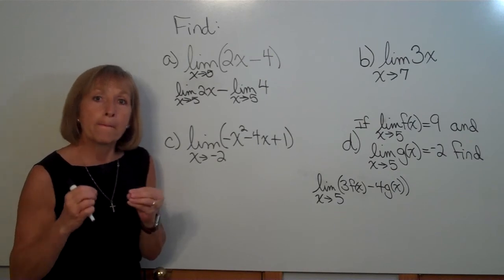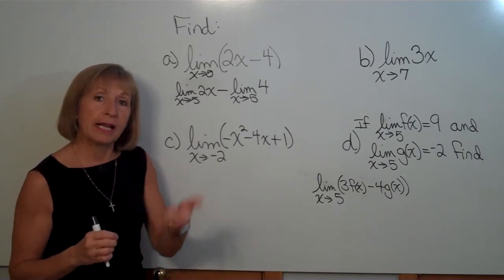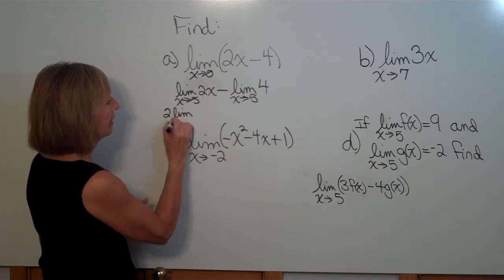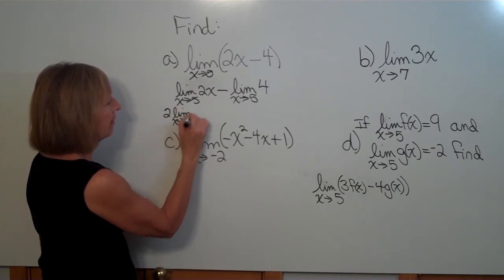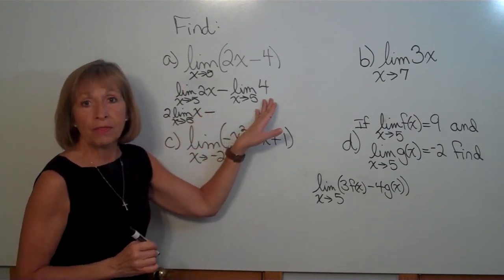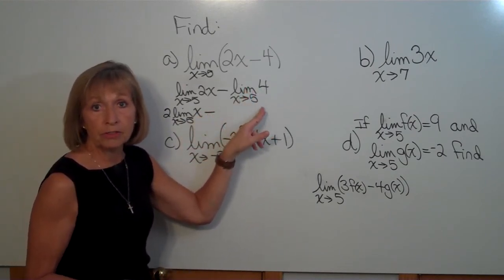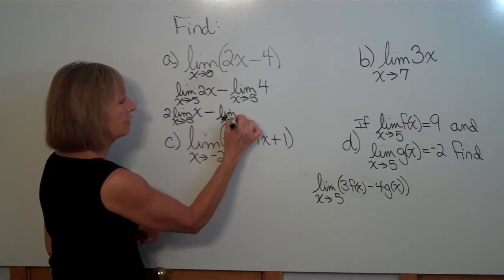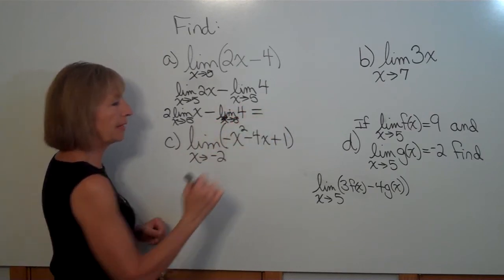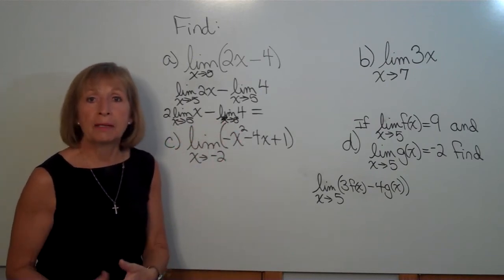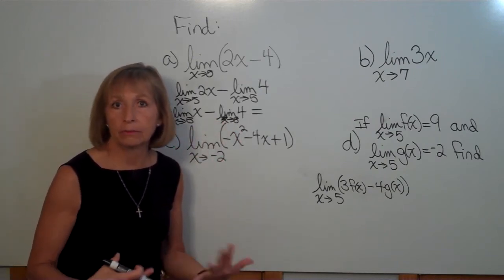So that's a scalar factor that I can pull out in front of the limit. So this is 2 times the limit as x approaches 5 of x, minus, and then here, this is one that I know because it's the limit as x approaches a value of a number. So I'm just going to write that in so that I'm not on two different stages of the simplification.